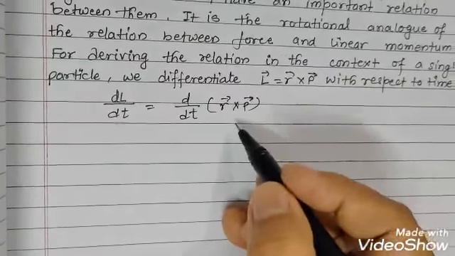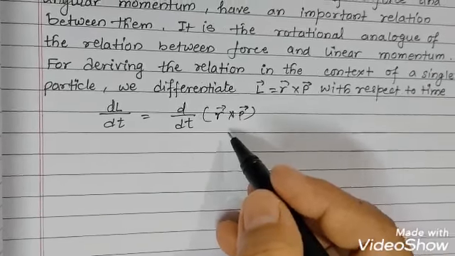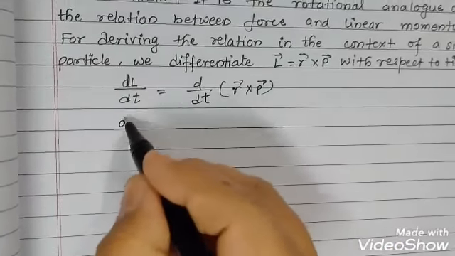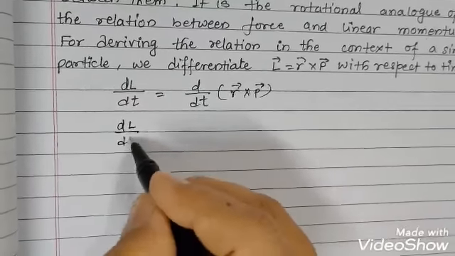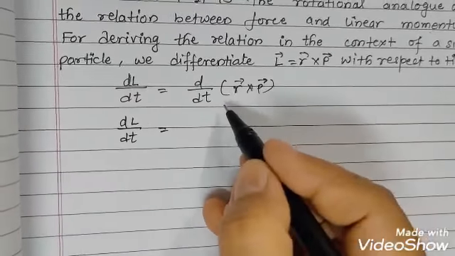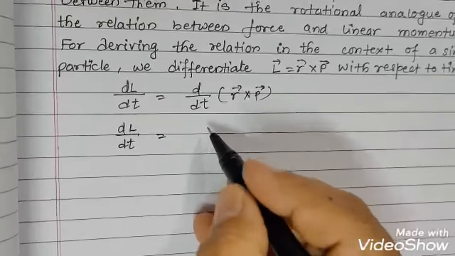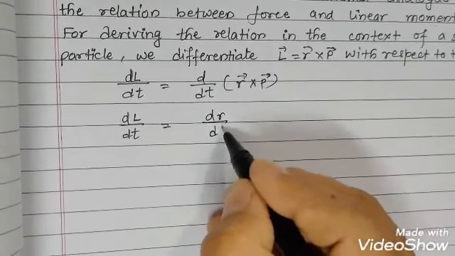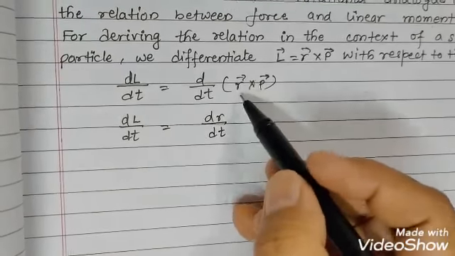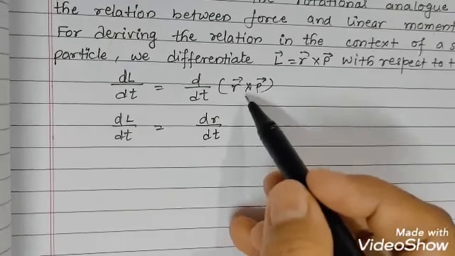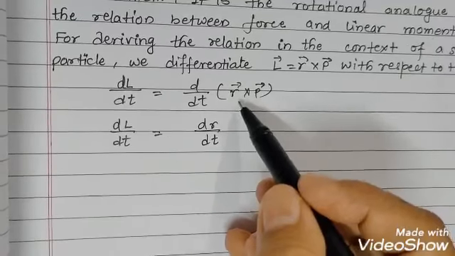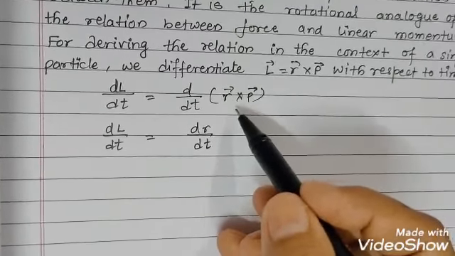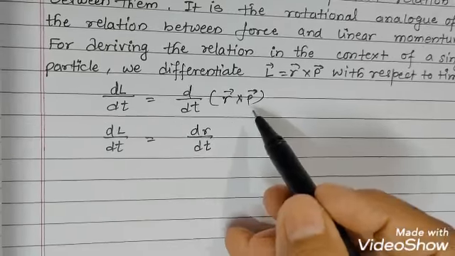So we get dL upon dt is equal to, here it is dr upon dt. Actually it's not the distributive rule here, we are just applying the product rule of two vectors.